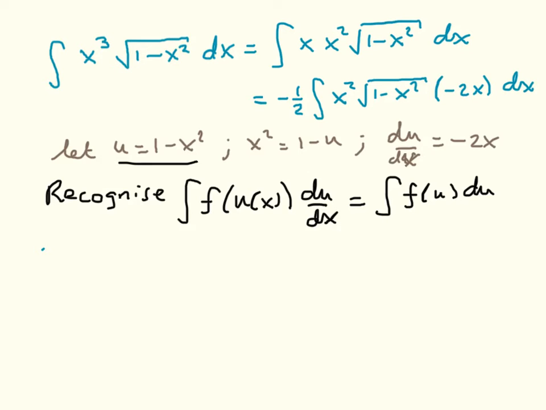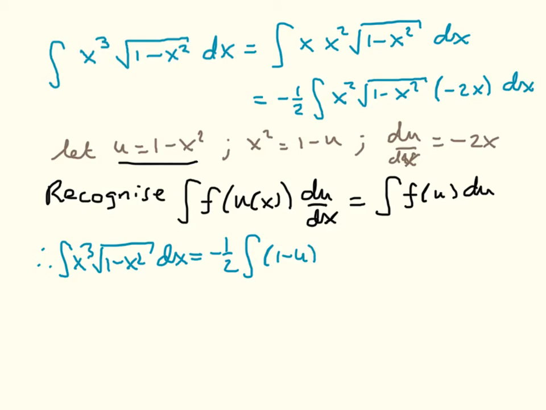So what we see is that our integral, the integral of x cubed square root 1 minus x squared with respect to x, is minus a half, that's the factor here, and then we have x squared times the square root of 1 minus x squared, so that's 1 minus u times the square root of u. So this is the integral of 1 minus u in brackets multiplied by the square root of u, now integrated with respect to u.